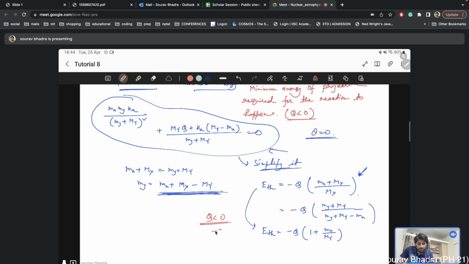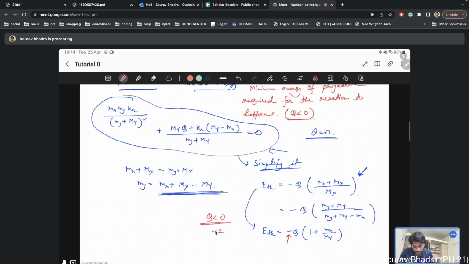Suppose q is minus 2. Whenever you put q as minus 2 here, with the minus sign in front, it makes plus 2, and masses of elements are always positive, so that will give you a positive value of energy, because energy cannot be negative. So this minus sign is an important one.